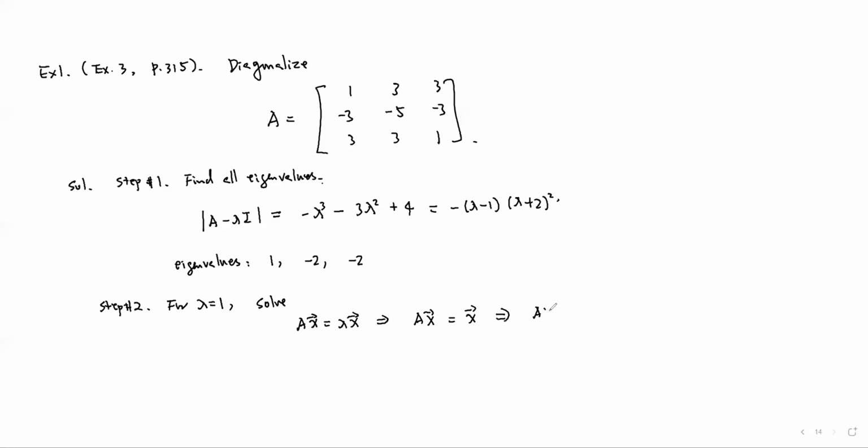Move the right side to the left-hand side, and then factor x out. Don't forget A minus I, okay? Not A minus 1. A is 3 by 3, 1 is 1 by 1, not computable. A minus I: this is A minus the identity matrix.